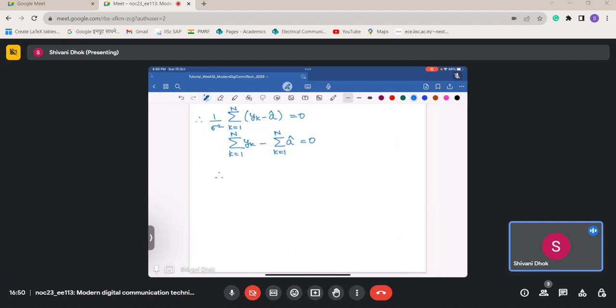Now this a hat is independent of k, so I can just take it outside, and you are adding 1 N number of times. So the second summation will simply lead to N times a hat, which implies that your ML estimate a hat will be equal to 1 by N summation k running from 1 to capital N of yk.